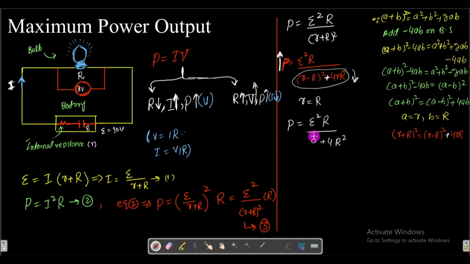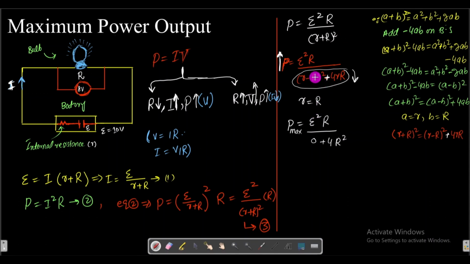So we now call this power as power maximum, because this will be maximum if we reduce the denominator term.